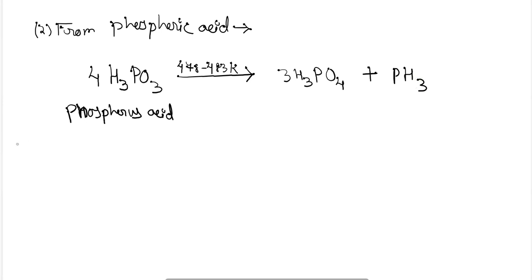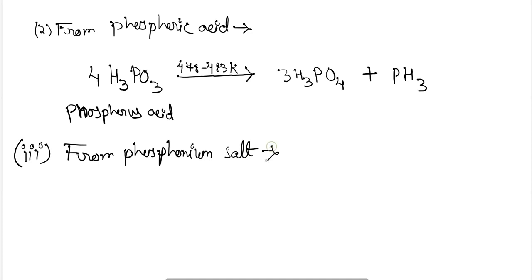Next is from phosphonium salts. We can prepare phosphine from phosphonium salts, such as phosphonium iodide.